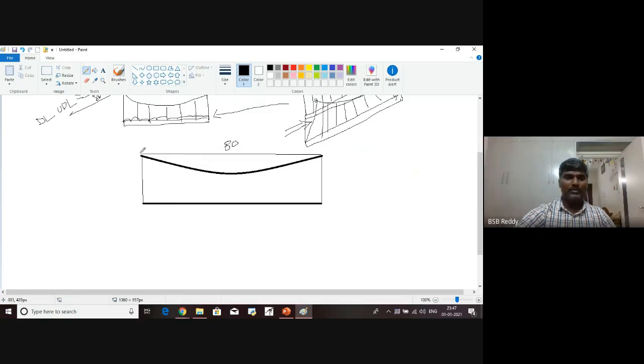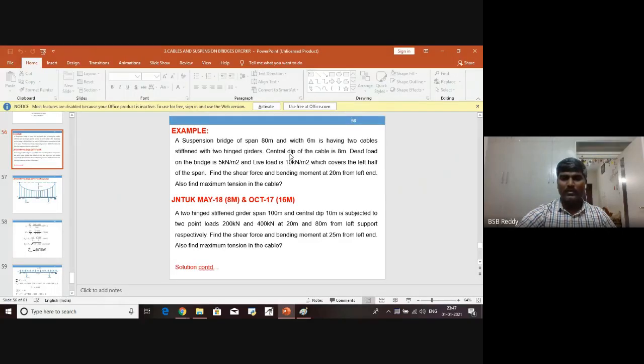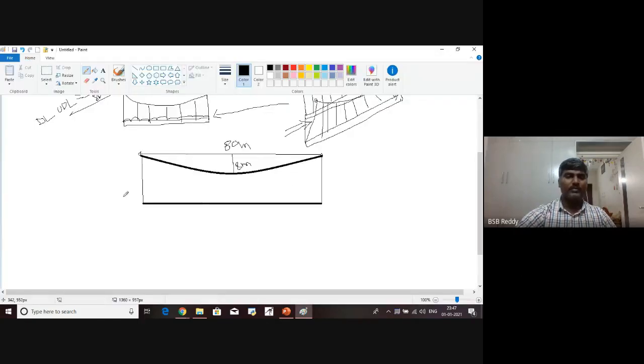Now your problem is to be formulated, and central dip 8 meters. I think so. Let's go back to the problem. So central dip is 8 meters. Right. So now this is the girder where the hinge support is.